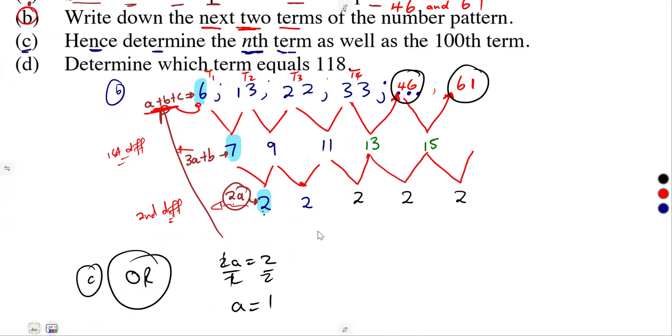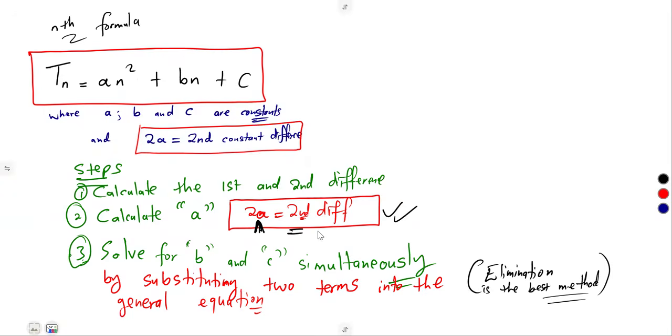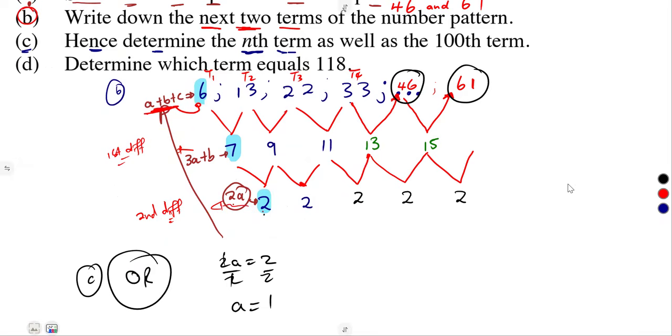Then taking any two terms, we substitute so that we formulate simultaneous equations where we can solve for b and c. And I said the elimination method there is the best. Any two terms of your choice. It is best for you to just work out first and second so that you do not have confusion.